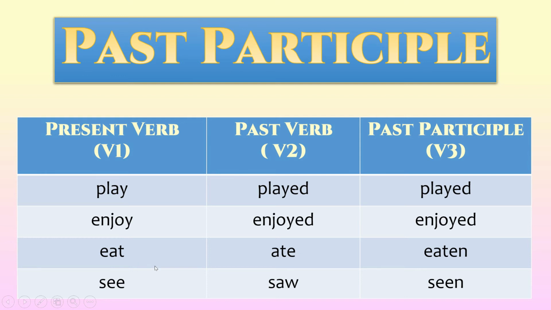Eat is the present verb, ate is past, and then the past participle is eaten. Here, see is present, saw is past, seen is past participle. These two are irregular verbs. So regular verbs just have d or ed at the end, but in irregular verbs, you need to change the spelling.